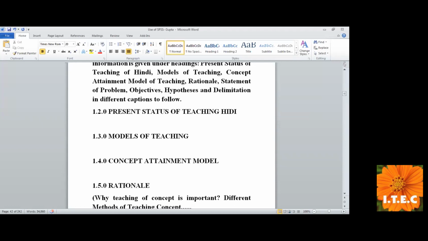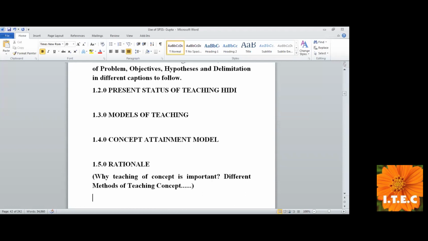And then what you should do is that the researches which were conducted related to the concept attainment model or related to teaching of concepts, that you will be writing in chapter number 2. So from chapter number 2, you have to get the gist. You have to get the summary, the gist.